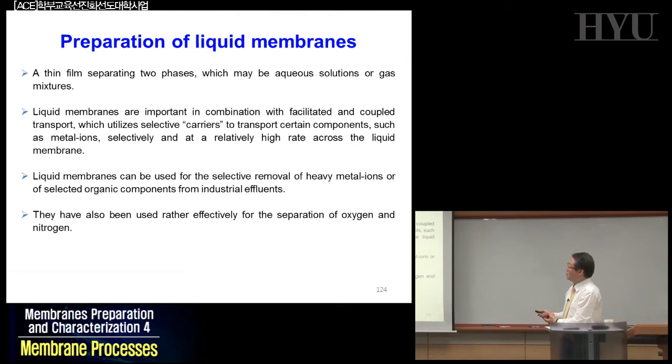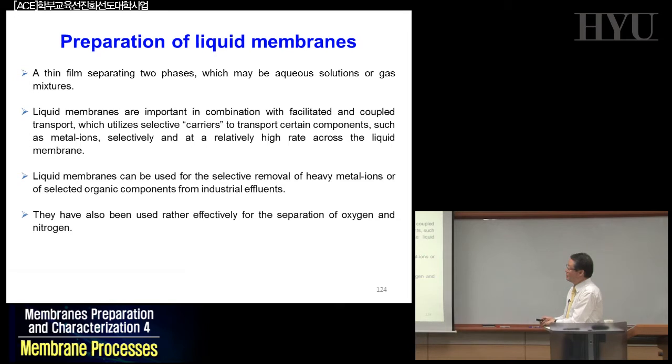Liquid membranes are pretty important in facilitated transport or coupled transport, which utilizes carriers to transport certain components. This topic is very well known, and in our department Professor Yong-Soo Kang is a pioneer in the facilitated transport area. But so far we do not have a commercial-scale facilitated transport membrane, and that's one of the issues which I will tell you about in a minute.